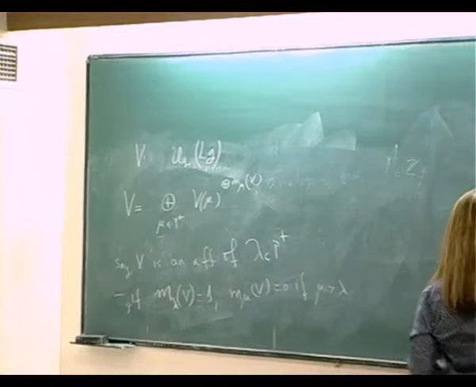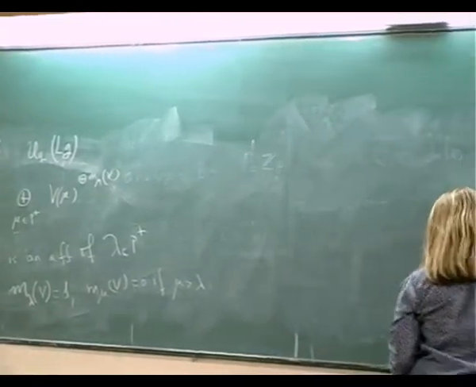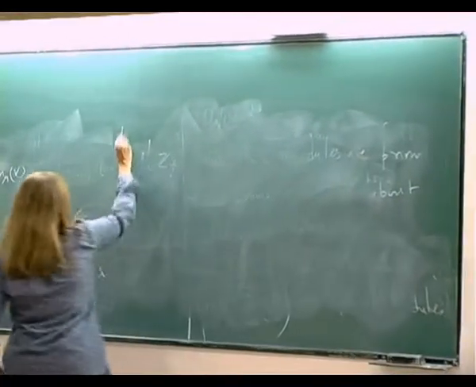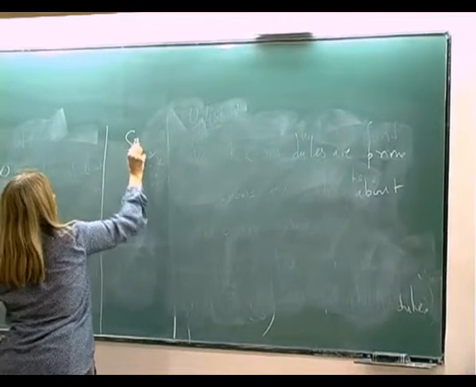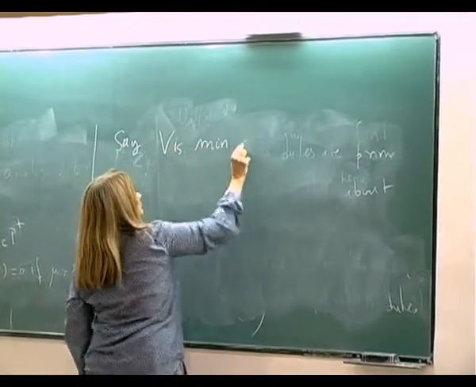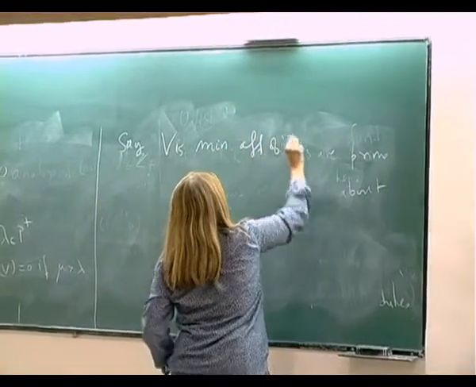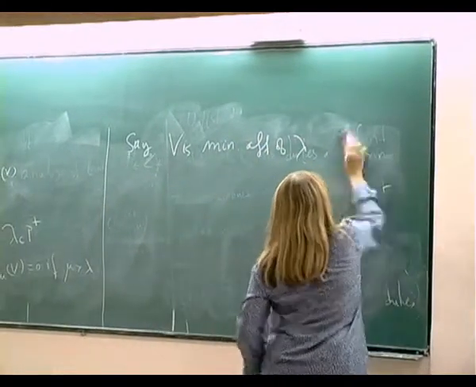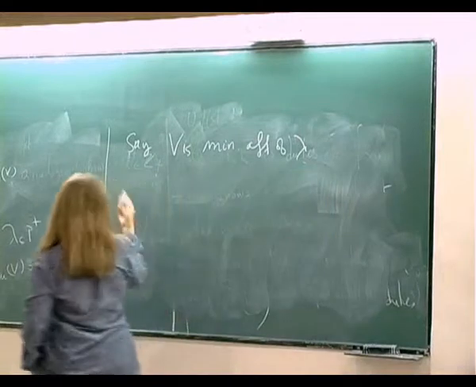And there are many such modules with this property. You say that V is minimal if the following happens.